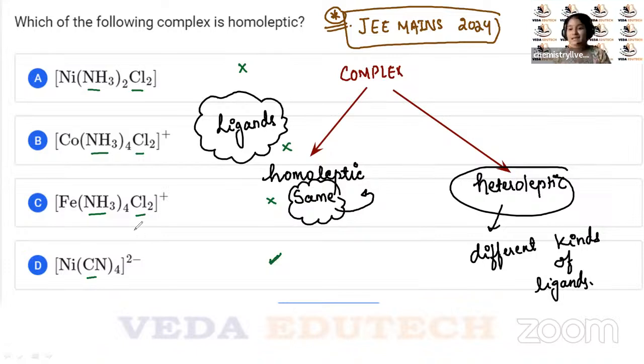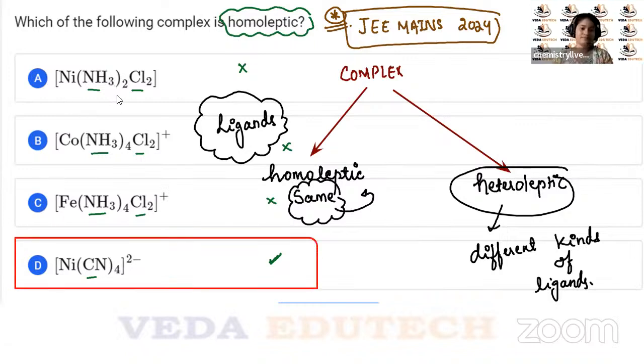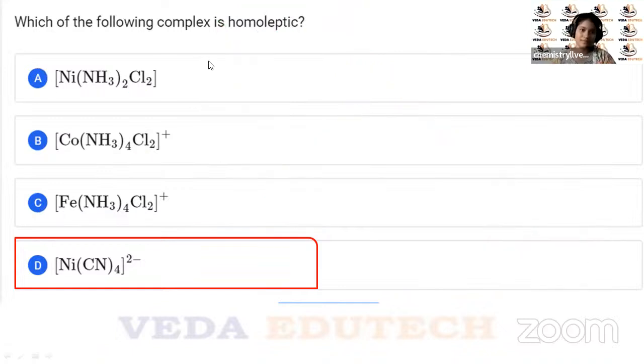Because only cyanide is there, and that's why this is called homoleptic. So this one, children, is going to be the answer. It is going to be your homoleptic complex. Then the rest of the following are your heteroleptic complexes.